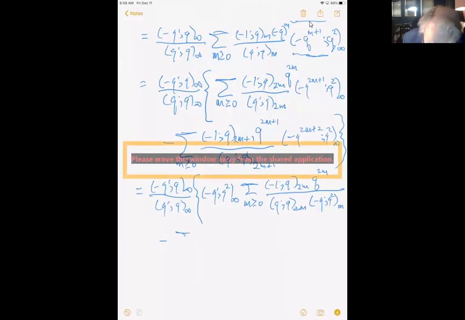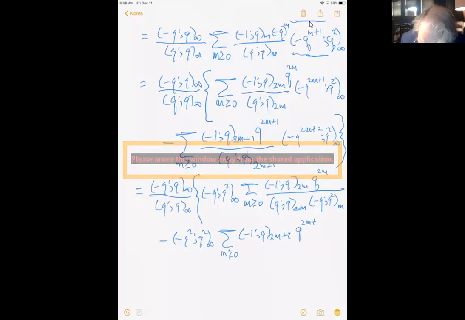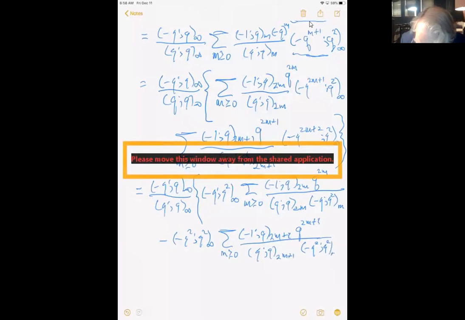Sorry, bringing out front the minus q squared infinity, summation m greater than or equal to 0 of minus 1 q sub 2m plus 1, q to the 2m plus 1, divided by q sub 2m plus 1, and it will be minus q squared sub m.